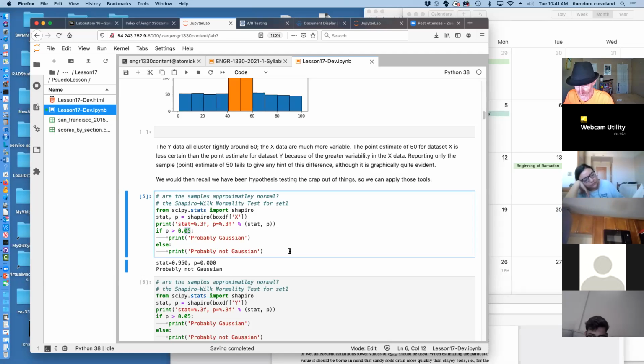And we have emitted a type 1 error of 5%. So we have a 5% chance of rejecting our null hypothesis when in fact it's correct.